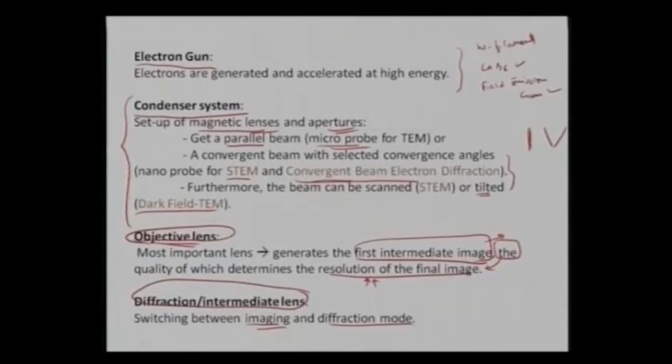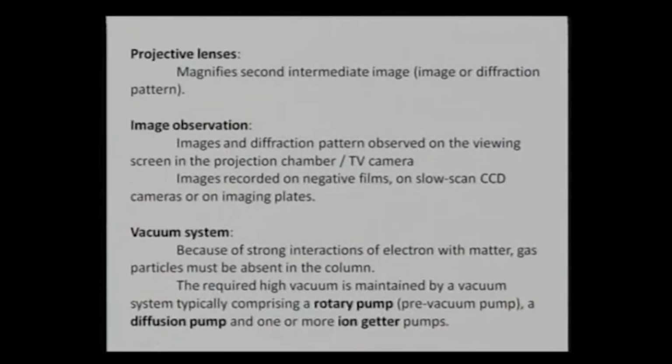So I need apertures or lenses which let me switch from imaging to diffraction mode or select a particular aperture. And there can also be projective lenses. They will magnify the second intermediate image, which can be either an image or a diffraction pattern.